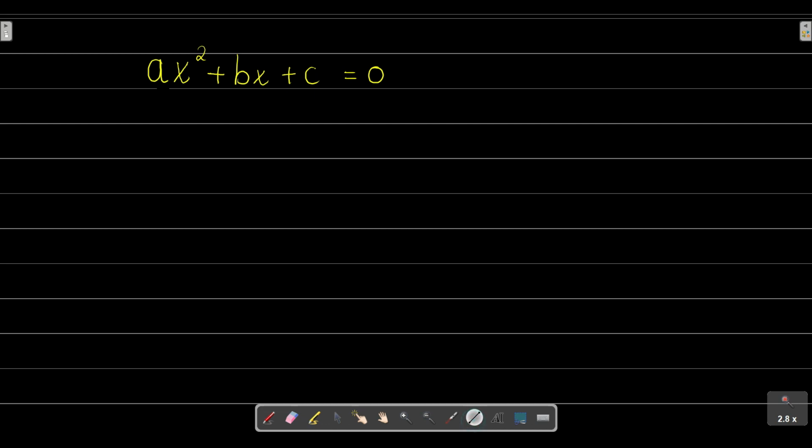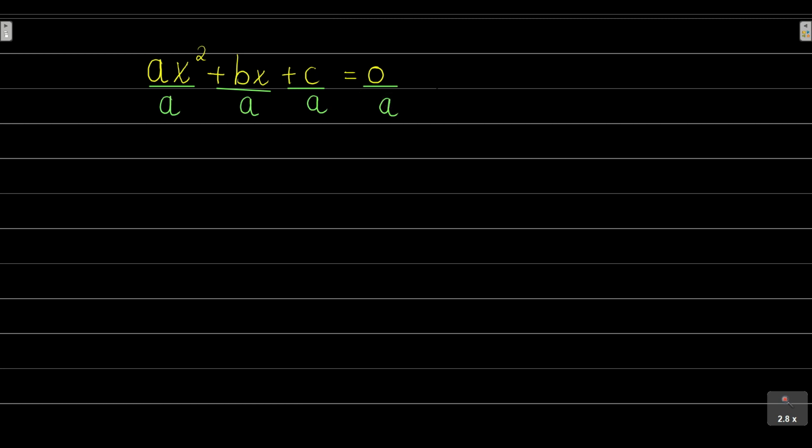I'm going to write the solution in green. I'm going to divide every term by a: divide positive bx by a, divide positive c by a, divide 0 by a. By doing this, what will we have left? We'll have x squared plus b over a x plus c over a is equal to 0, because 0 divided by any number is equal to 0.